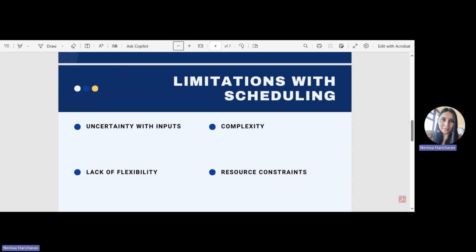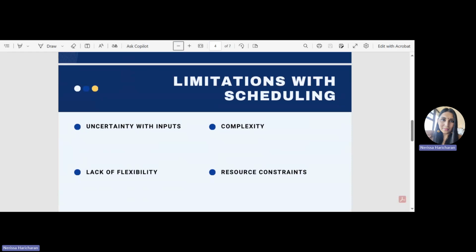Then we want to speak about the lack of flexibility. When we're speaking about lack of flexibility, we want to talk about quite a rigid schedule. Some techniques, whether it's a fixed schedule or a static schedule, don't allow for any changes once your schedule is set.